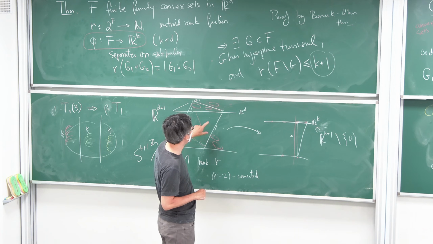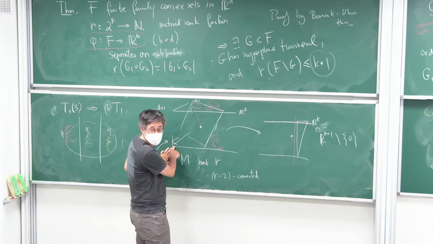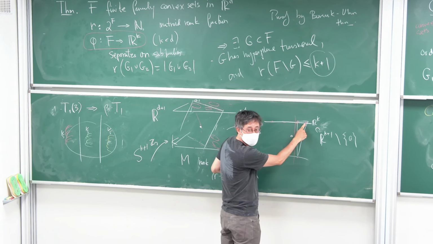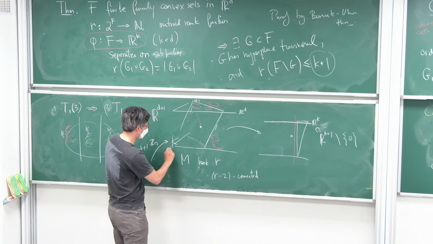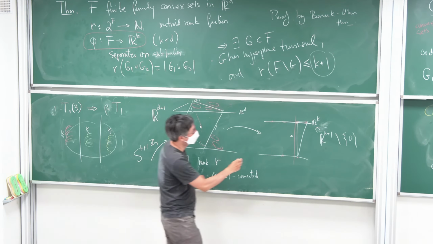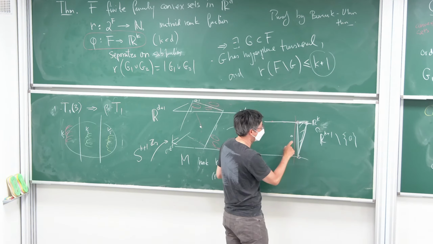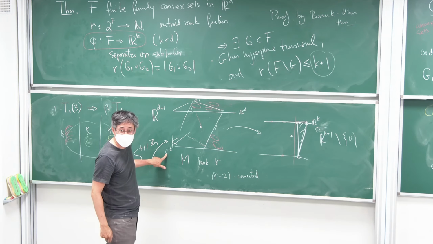Okay. So what I have here is an abstract simplicial complex K, right? Each vertex is mapped to a point here. And I know that whenever I take a face in this abstract simplicial complex, the corresponding vertices of that face, their convex hull is going to be disjoint from the origin. Which means I just take the affine extension.